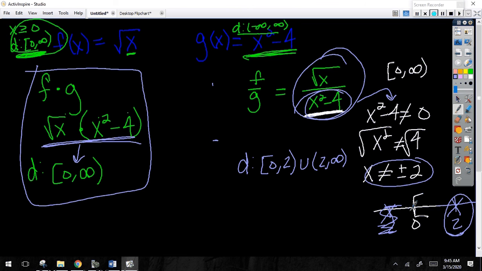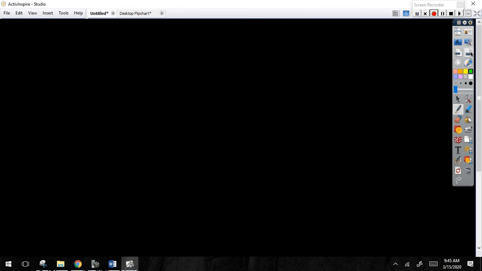If you think about it on a number line, I'm bigger than 0 already, and negative 2 is way over here, so it's not going to impact what I already have, but 2 is here. So I need to leave that out of my domain, and I do that with those back-to-back parentheses connected with that union symbol. Okay? All right, let's move on.